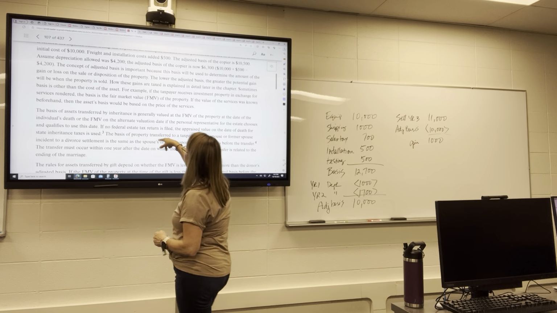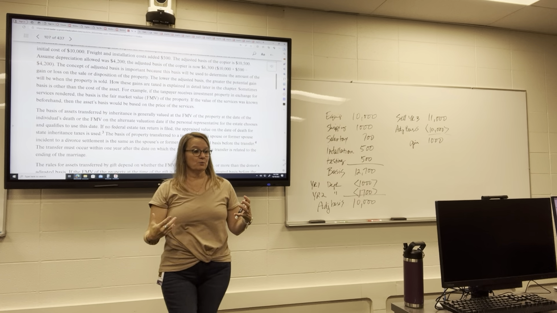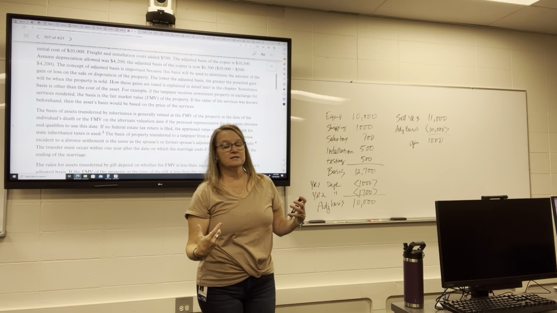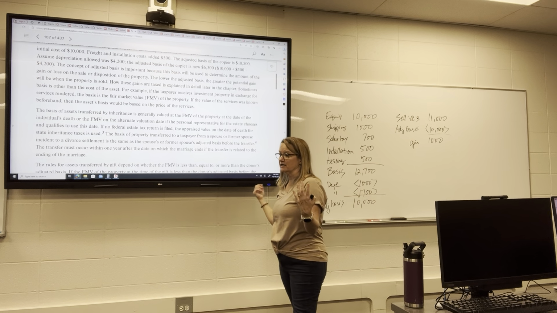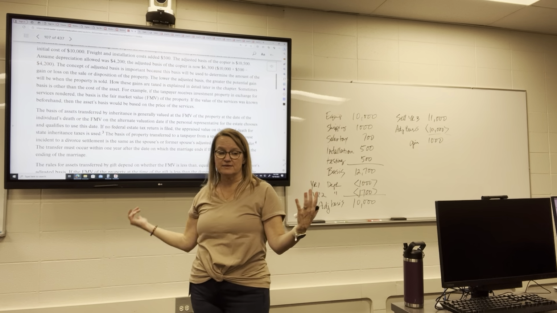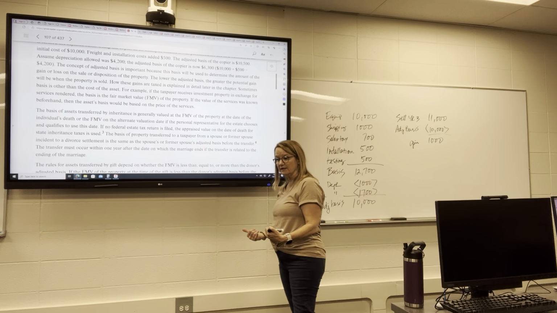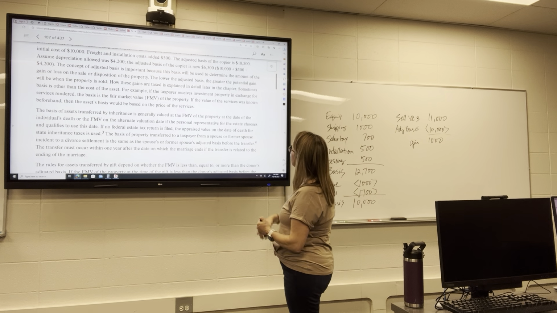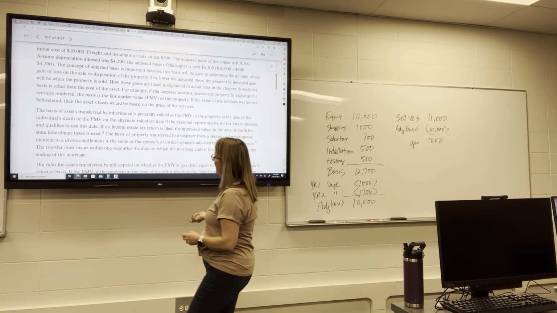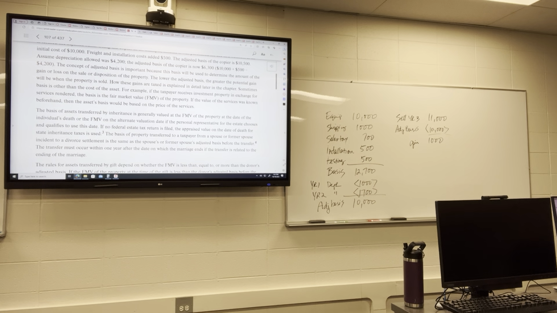The basis is going to be the fair market value of the property that was received. So if I got 100 shares of stock and they were worth $100 apiece, so $10,000, that's going to be the basis in that stock that I received. If the value of the services was known beforehand, though, let's say in the first scenario I didn't know what I would charge for that work.